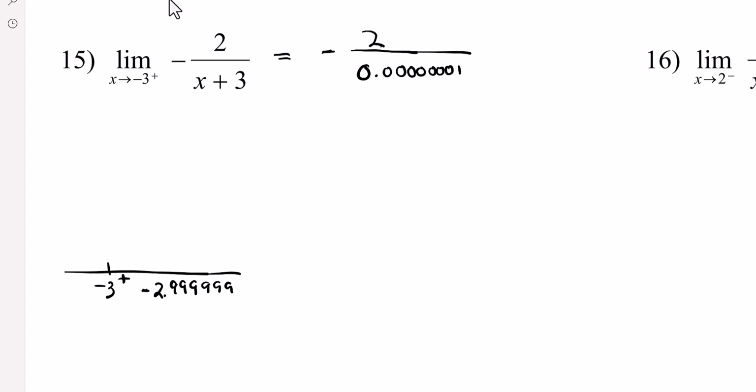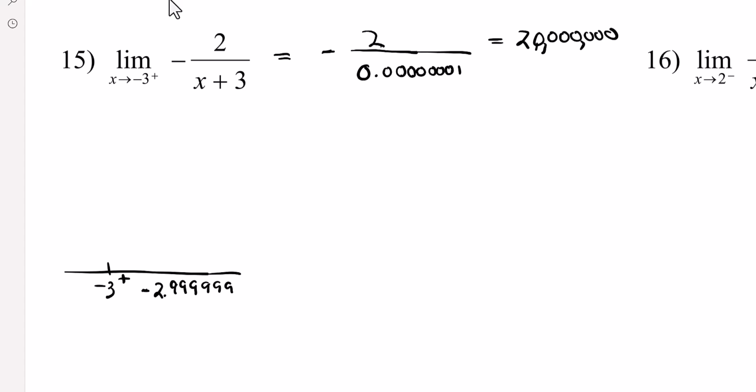All right? Well, if you type that into your calculator, negative 2 divided by that, 1, 2, 3, 4, 5, 6, 7, I think, I could be off by 1. You're going to have 20 million.